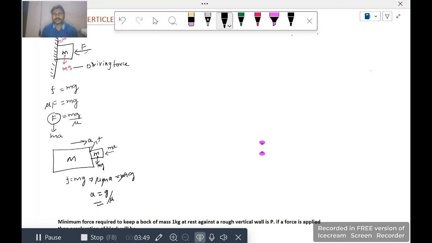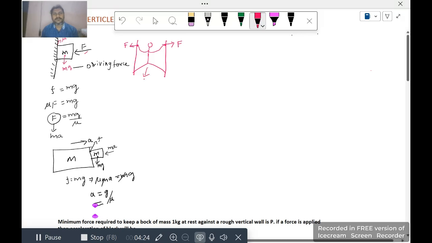one person is hiding in the chimney of a house. He is a thief. By pressing the wall with his hands with force F, this is the normal force. He is holding, or he is stable at rest, by pressing both the hands against the wall.